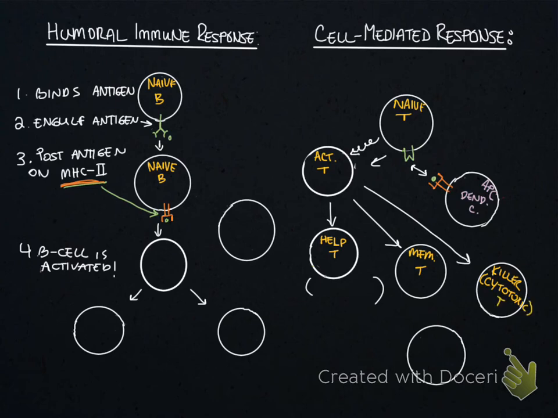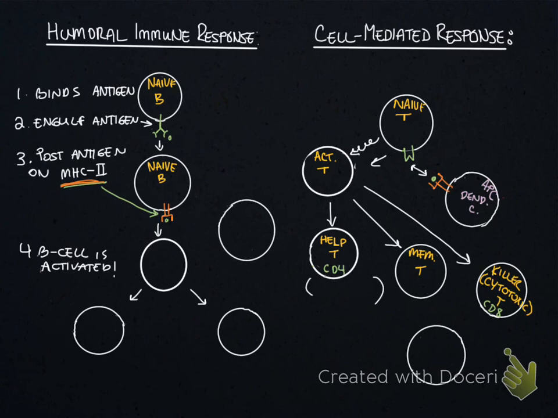Okay, these helper T cells and these cytotoxic T cells also have another identifying molecule on them. Helper T cells also have a CD4 marker on them, and the killer cytotoxic T cells have a CD8. So make sure you know that it has that additional marker on it and which one goes with which.